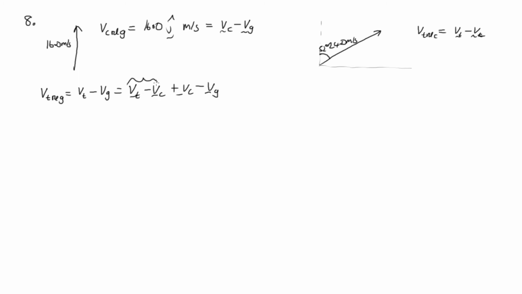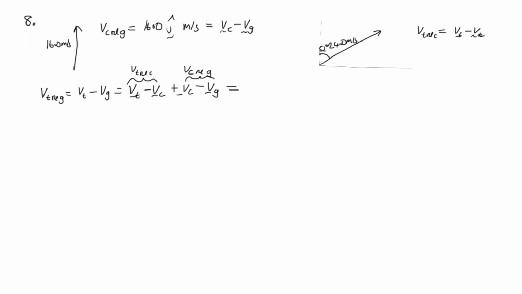And this thing here is the velocity of the truck relative to the car, and this thing here is the velocity of the car relative to the ground. So this is equal to this thing here. So let's break this into components so that we've got I and J components.